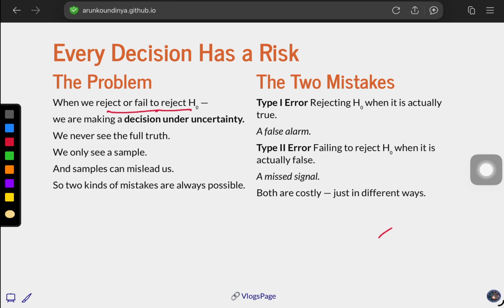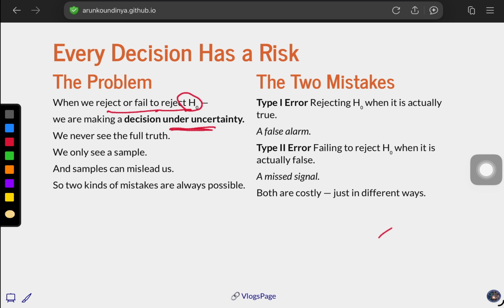When we reject or fail to reject a null hypothesis, we are taking a decision under uncertainty. We always want to take decisions under uncertainty, and statistics especially helps us reduce that uncertainty, using whatever we have learned in previous episodes.